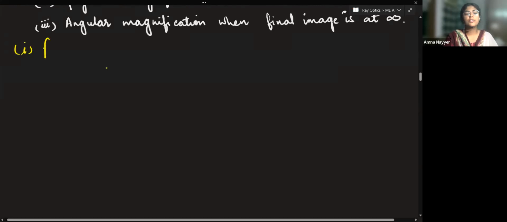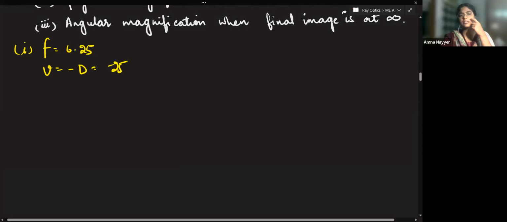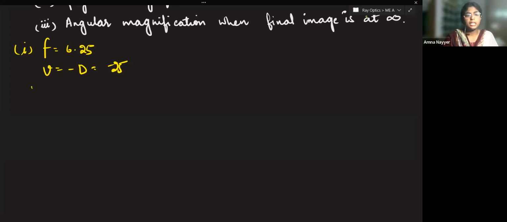For the first part, we'll use the sign convention because we have to use the lens formula, and in the lens formula we use sign convention. Here in magnification and this optical instruments part, we don't use it. So see, 1 by f is equal to 1 by v minus 1 by u. From here, you just have to find out u. U is unknown.